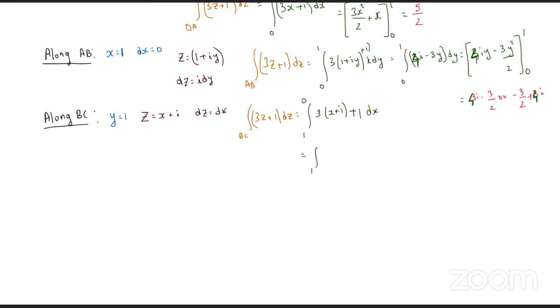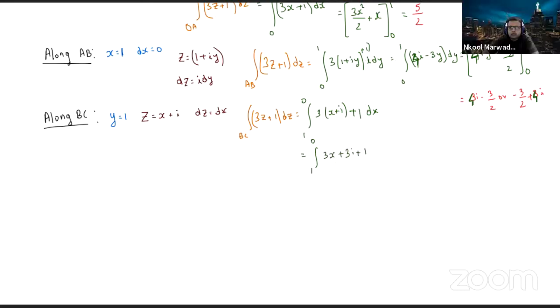Now we can integrate it with respect to x: 3x square by 2 plus 3ix plus x, with limit 1 to 0.